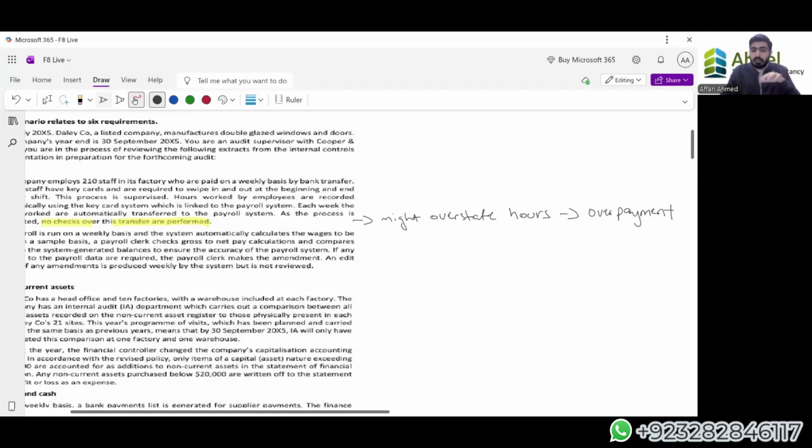The objective is that we should pay the correct amount to the correct person that they deserve. I've identified the objective. Now, how can I make sure that my objective is achieved? If I'm transferring hours from the key card to the payroll system, I can assign a senior person, let's say the production manager, who will monitor the data input from the key card to the payroll system.